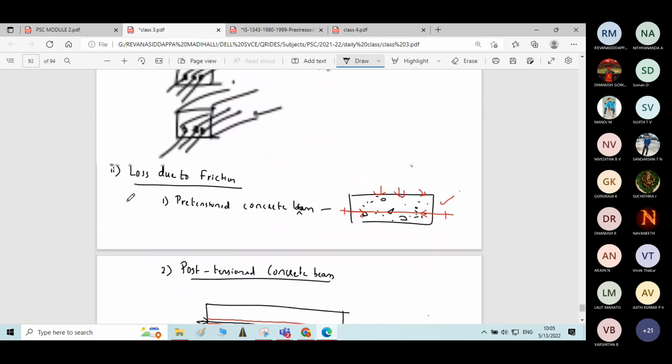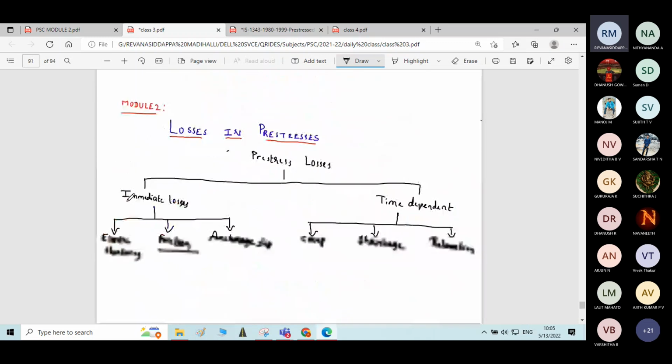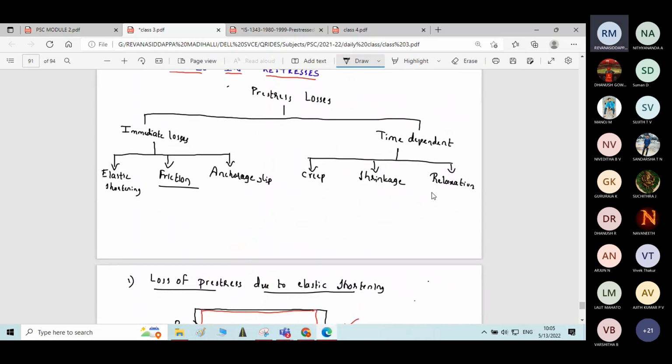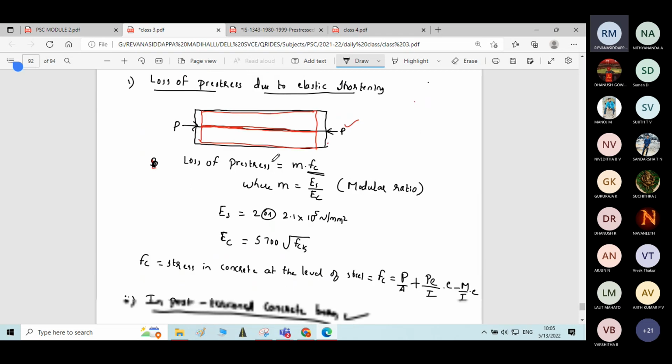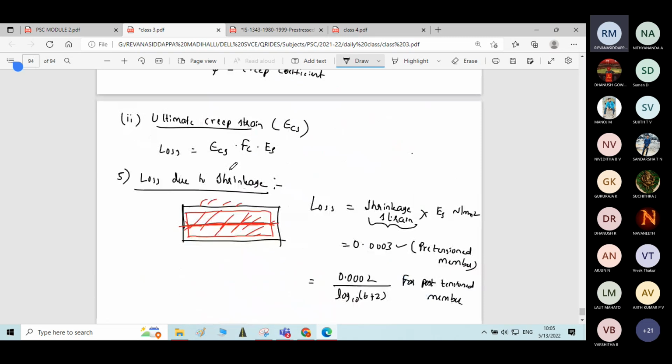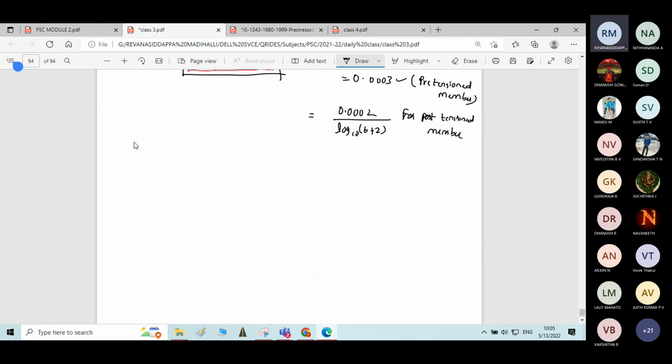Now, which is the next type of loss? Last one, the sixth one: stress loss of pre-stress due to relaxation of stress in steel.